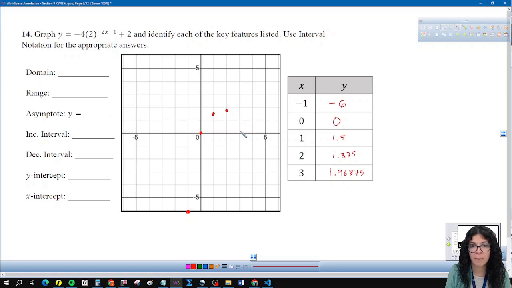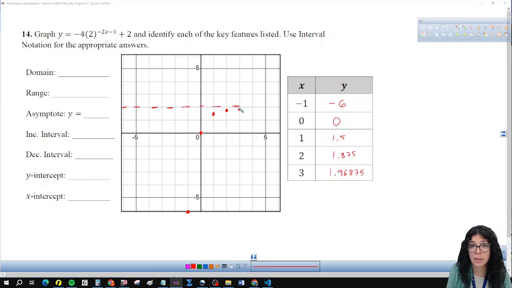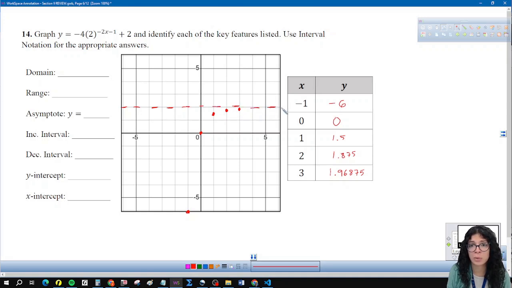And then 3 and even closer to 2, but not exactly 2 yet. So you can see that we're going to continue to get really, really close to 2, but it's never going to touch 2 or pass 2. So our horizontal asymptote is at y equals 2.